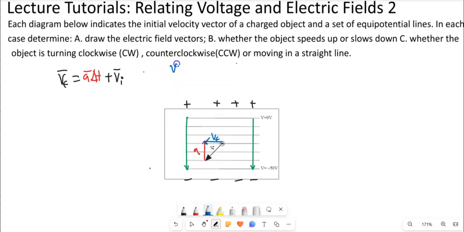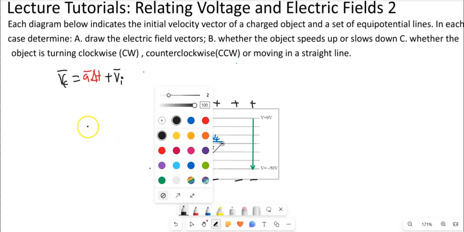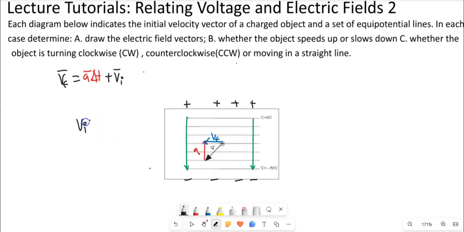So if the initial velocity vector is greater than the final velocity vector, what would you say that is? Well, this is going to be slowing down.